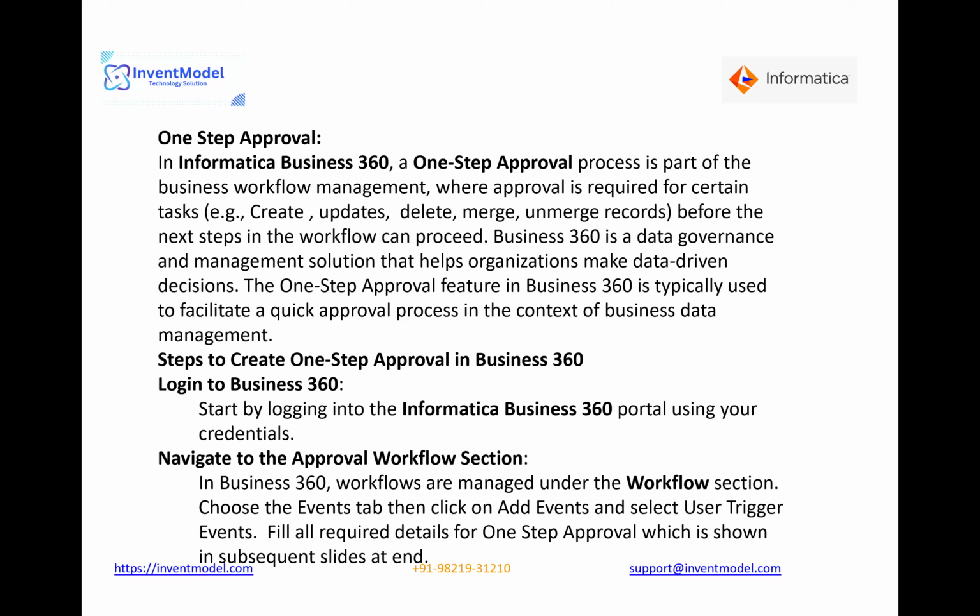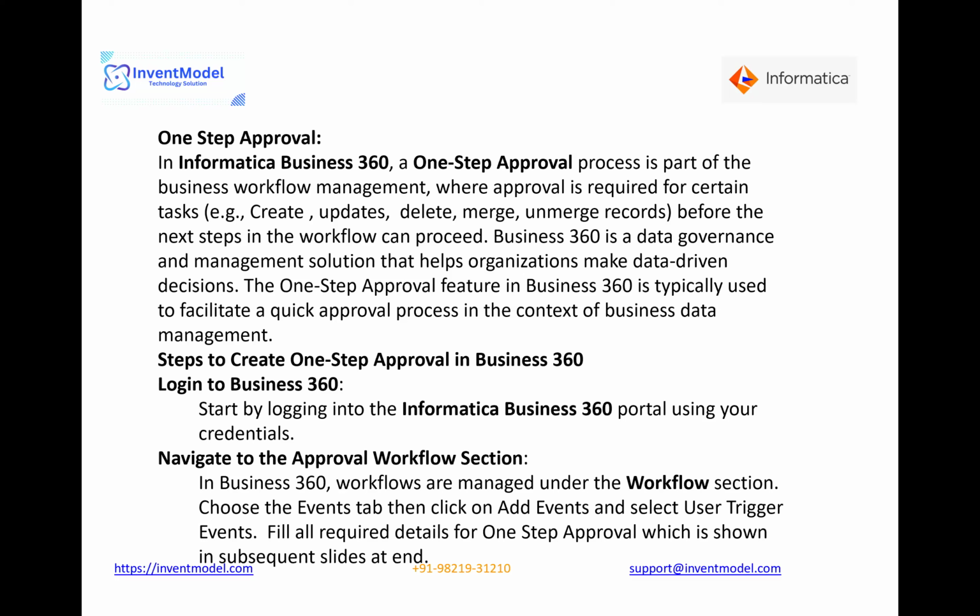In Business 360, a one-step approval process is a part of the business workflow management, that is BPM, where approval is required for certain tasks. For example, when users are creating data, updating data, deleting data, or performing merge or unmerge, we need a third eye to check whether things are happening properly or not.